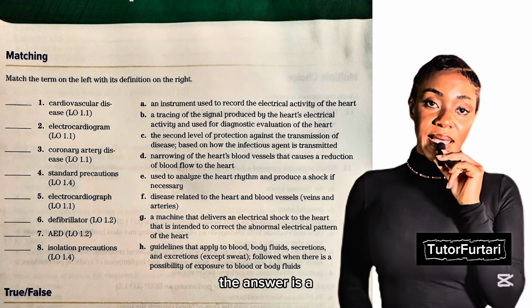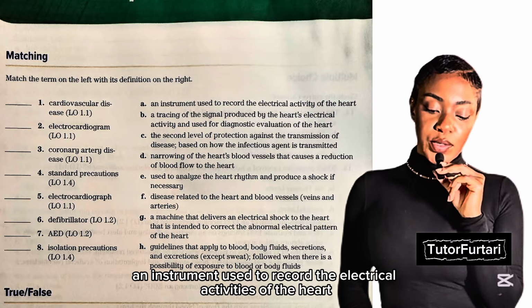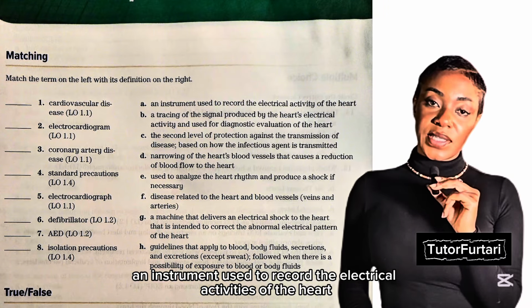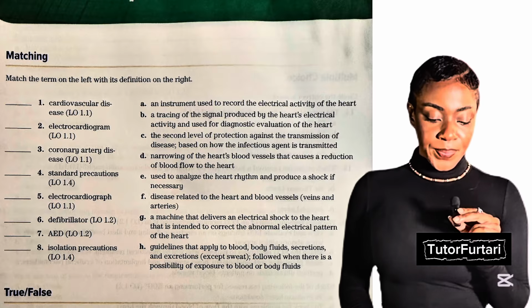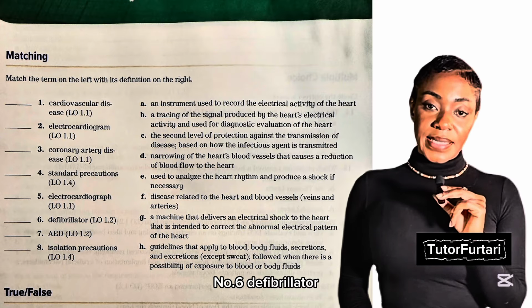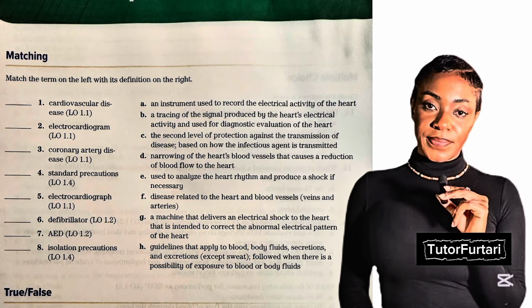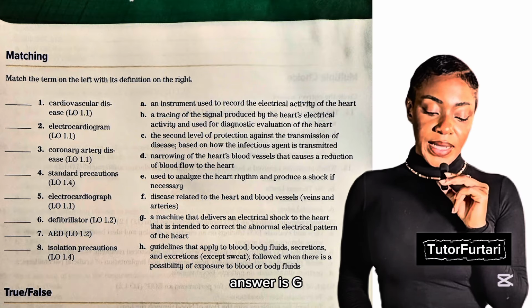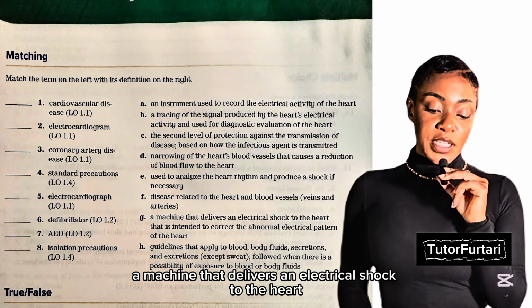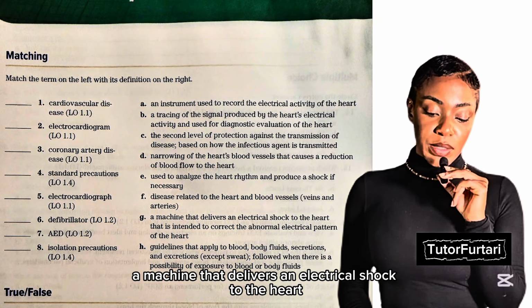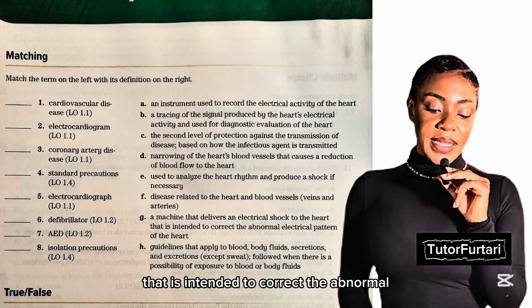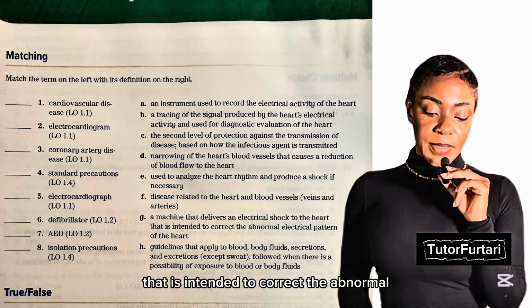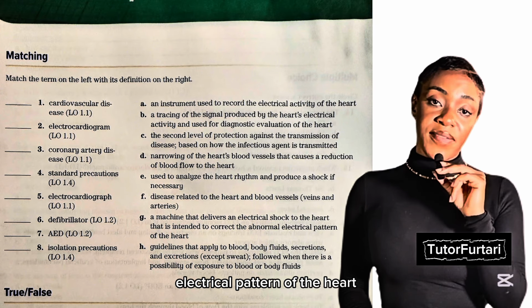The answer is A, an instrument used to record the electrical activities of the heart. Number 6, defibrillator. Defibrillator answer is G, a machine that delivers an electrical shock to the heart that is intended to correct the abnormal electrical pattern of the heart.